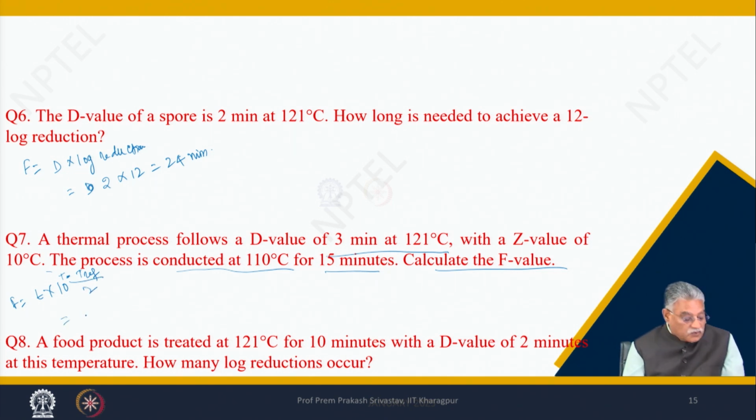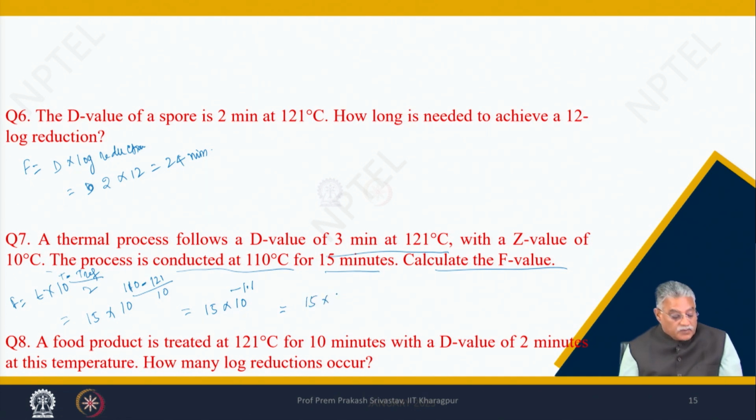So that is equal to 15 into 10 to the power (110 minus the reference temperature, that is 121 degrees Celsius) divided by 10, that is equal to 15 into 10 to the power minus 1.1, that is 15 into 0.079, that is 1.185 minutes. That is the answer.